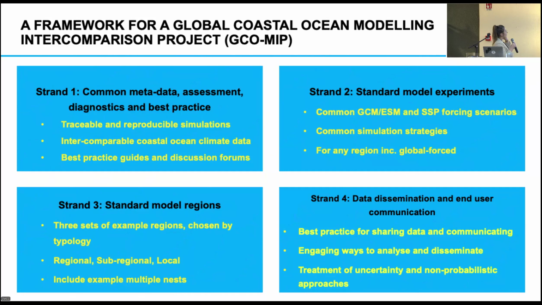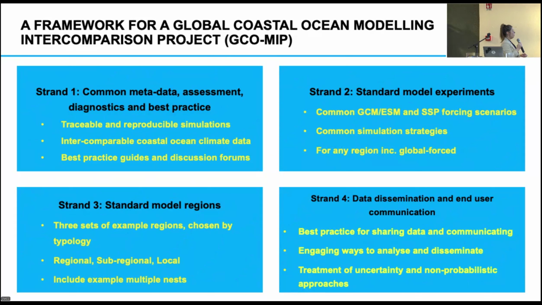So just to have an idea, we propose that this framework for the Global Coastal Ocean Model Intercomparison Project will have 4 strands. The first strand will be more like the common metadata that we have to use in order to allow assessment, diagnostics, and best practices. The second strand involves how we can standardize model experiments in order to allow easier intercomparison.